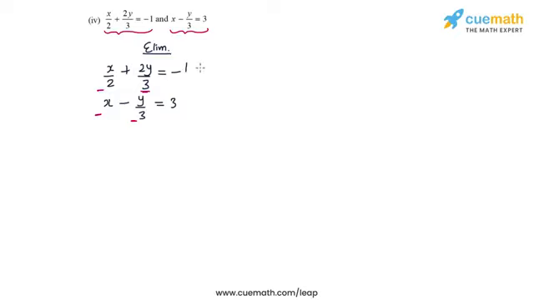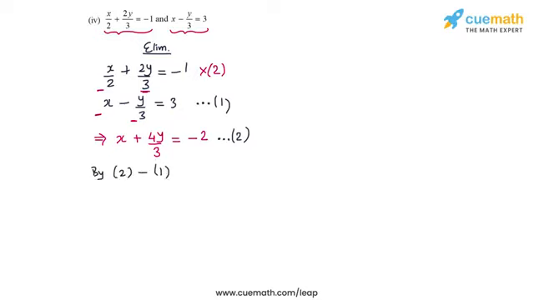So to do that, I will multiply the first equation by 2 on both sides and write this equation as x plus 4y by 3 is equal to minus 2. So now I have this equation, let's call it 1, and this modified form of the first equation, let's call it 2, and now I can simply do 2 minus 1.